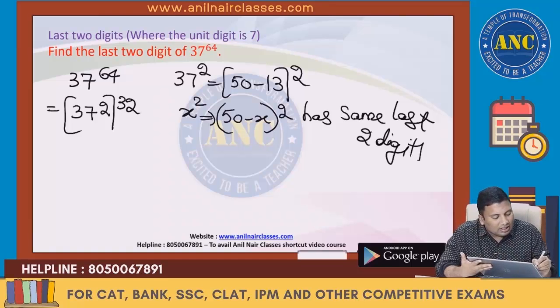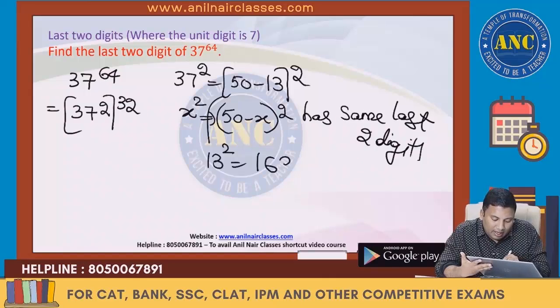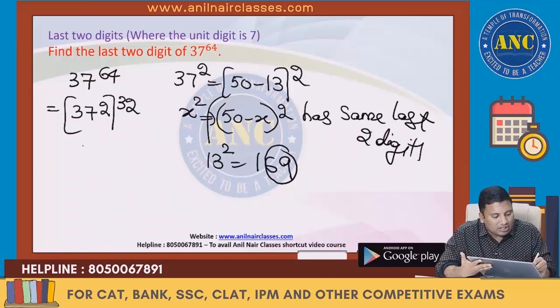So it is 13 square. 13 square is 169. The last two digits of 169 are 69.